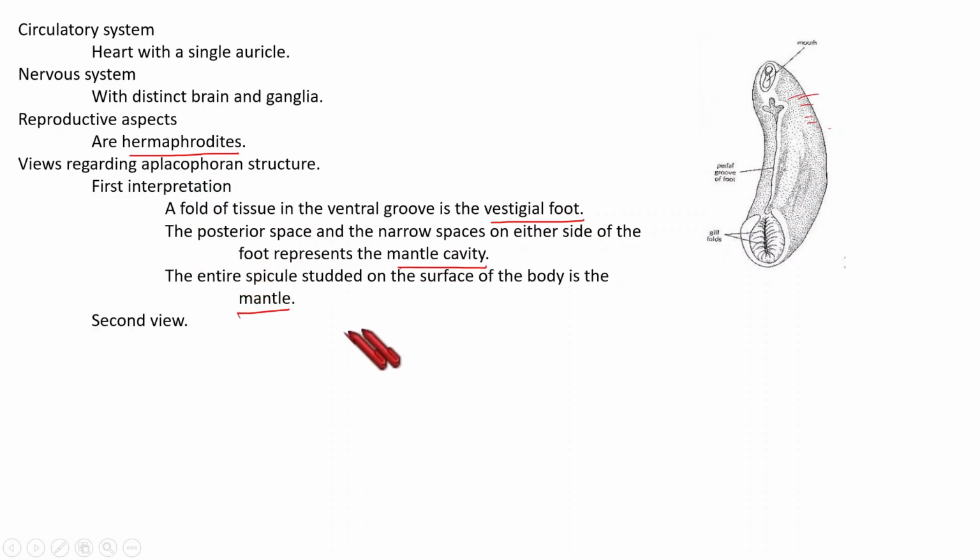The second view is that Aplacophora possesses no distinct foot and doesn't even possess a mantle, so mantle and foot are totally absent. That is the second view about Aplacophora. By this, I'm going to wind up today's session. Next class, we will learn about another class, Monoplacophora.